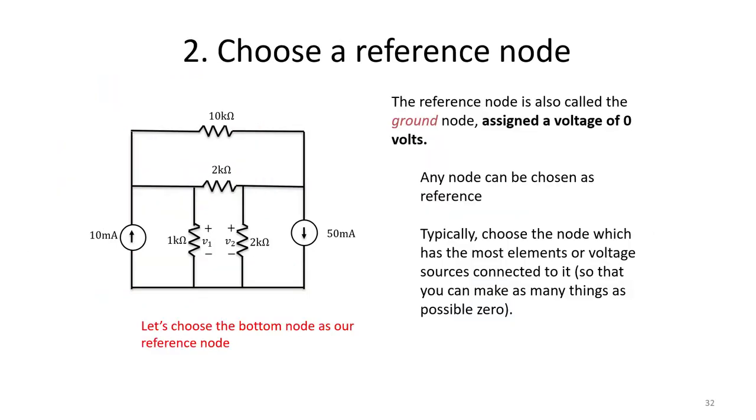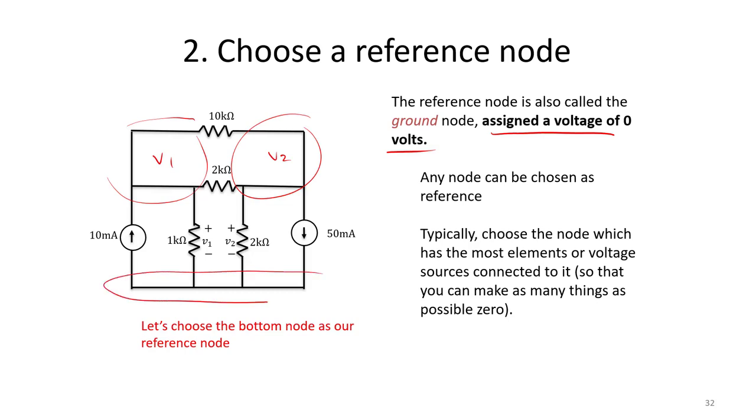Our next step is to choose a reference node. And we also call this the ground node. And we assign it a voltage of 0 volts. That way, all the other node voltages are calculated relative to that reference. You can choose any node you want to be your reference node, but here we are specifically trying to solve for V1 and V2.